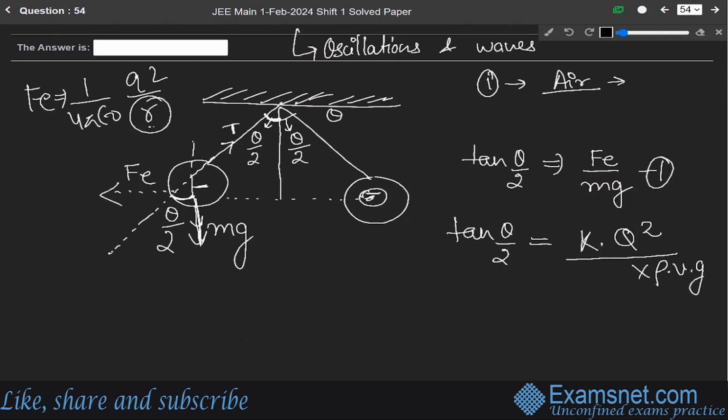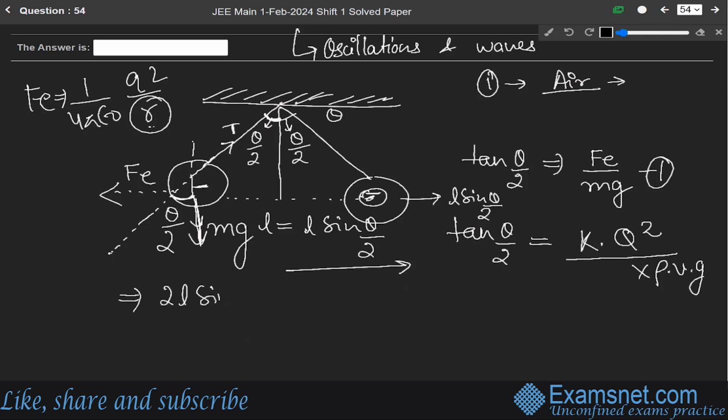So this R is the length. For this sphere, the length will be L sine theta by 2, and for the other it is also L sine theta by 2. So for the whole system it becomes 2L sine theta by 2. So R square is 2L sine theta by 2 whole square. This is equation second.